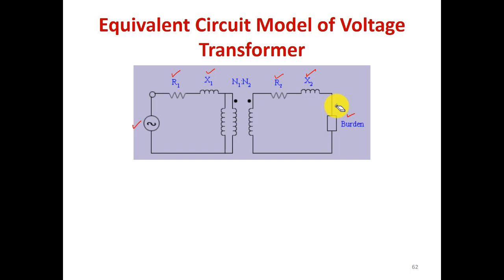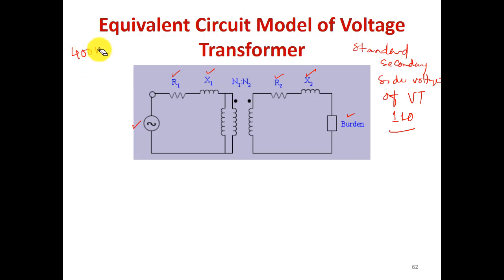So now the question is, the standard secondary voltage of the VT is 110 volt, and when we are using this VT, we are measuring the transmission line voltage up to 400 kV, 765 kV, 220 kV, right?